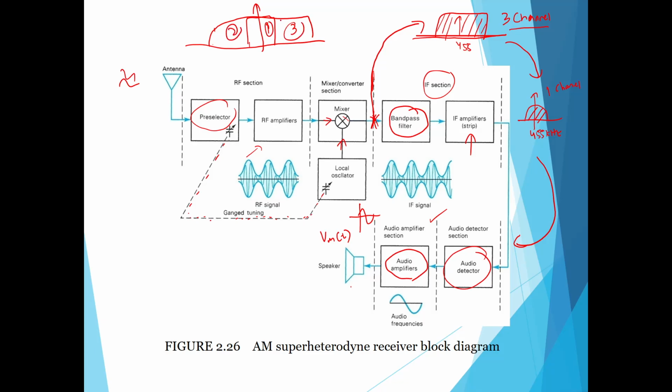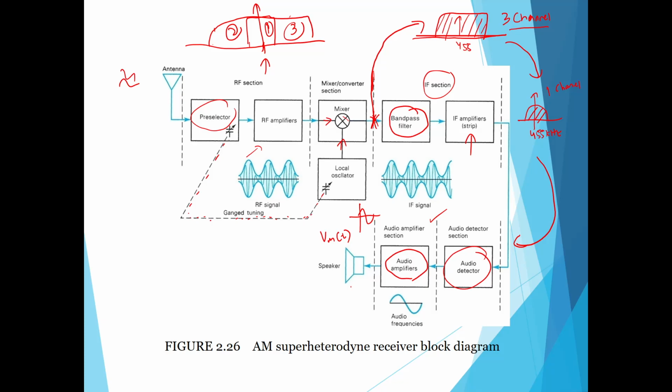The bandpass filter will tune to the center frequency of the channel that we desired. For example, I want to select channel 1. So the bandpass filter will tune to this center frequency band of channel 1, and remove channel 2 and channel 3.